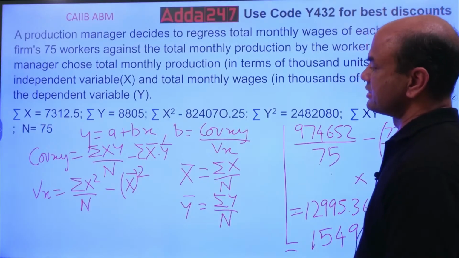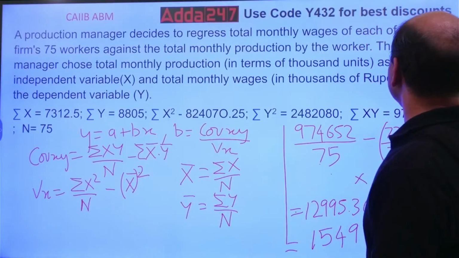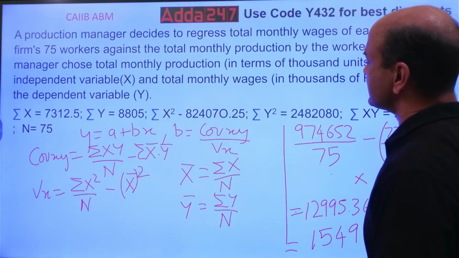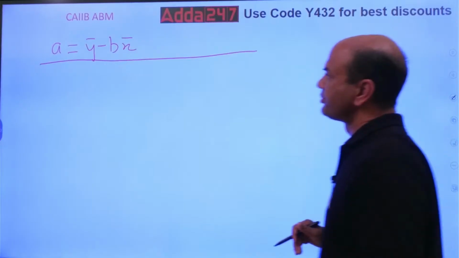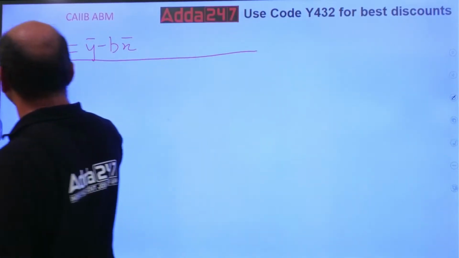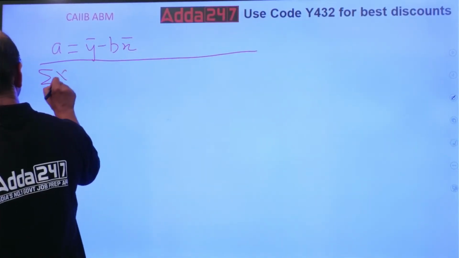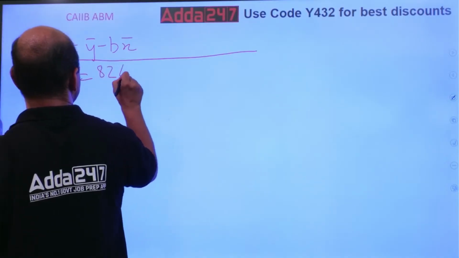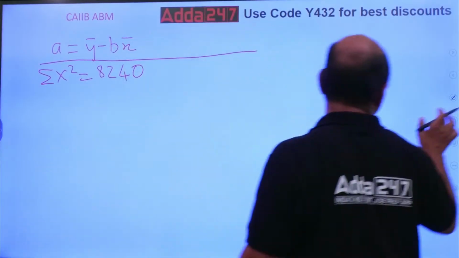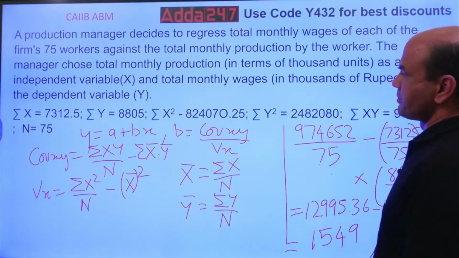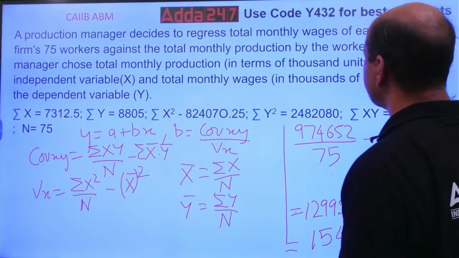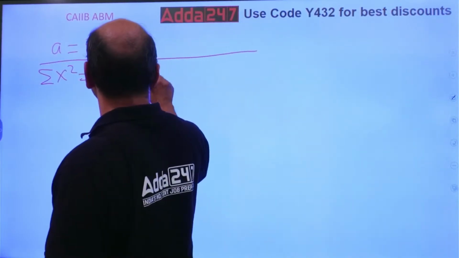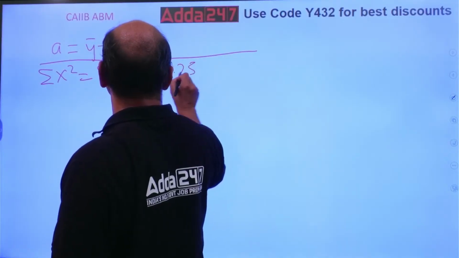Get me the answer. So summation x square upon n. Summation x square is what? 824070. Take it round only. So summation x square is 824070.25, divided by 75.